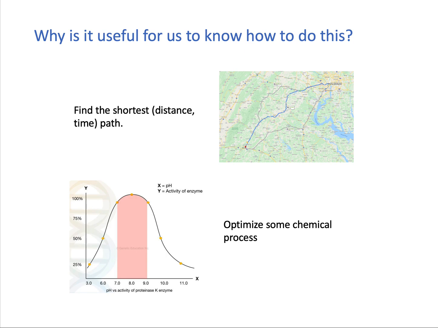There are many other types of applications where, in fact, almost all engineering problems can be somewhat written as an optimization problem. For example, if we have to find the shortest distance between 2 points, there are many options to get from point A to point B, right? There may be many roads, but there might be one road that has the shortest distance between these 2 points, right?